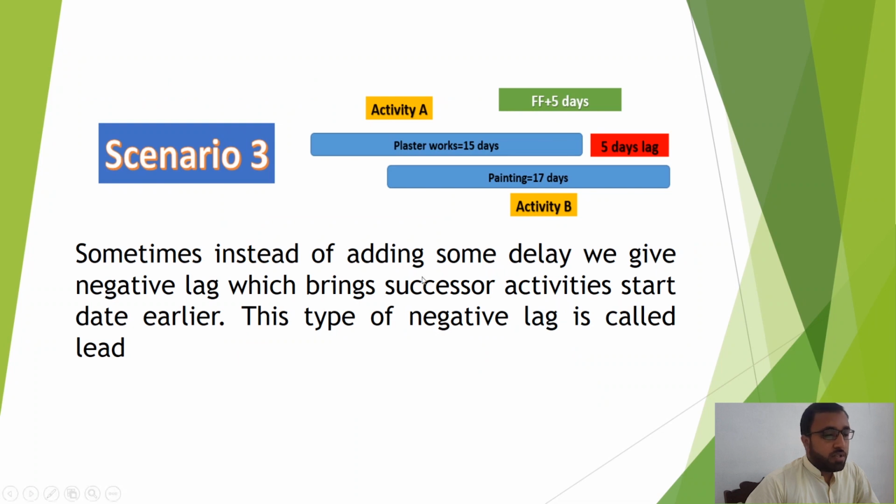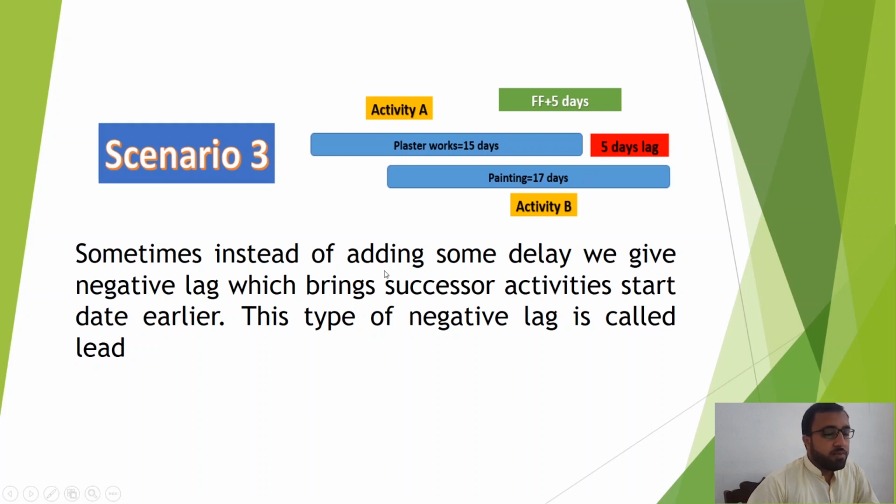Then we have scenario 3, that is activity A and activity B are connected with finish to finish plus 5 days lag. So activity B will finish after finishing of activity A with 5 days. If we don't give here 5 days lag, both activities will finish at the same time.